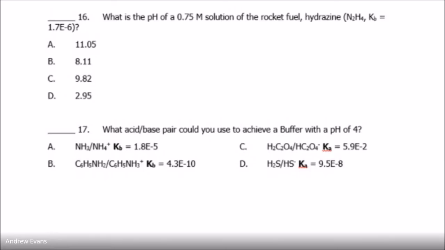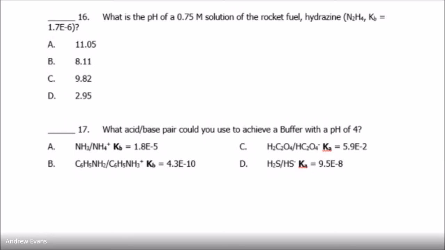Now, what acid-base pair could be used to achieve a buffer with pH 4? Here's the thing you actually got to check. Take the negative log of your Ka, and you want a pH within plus or minus 1 of 4.